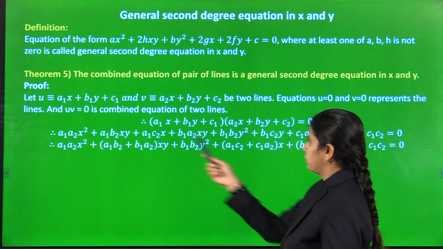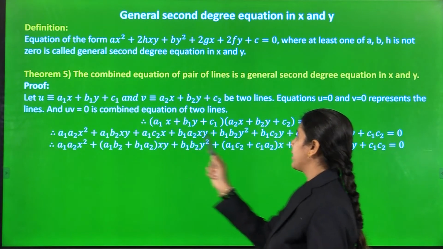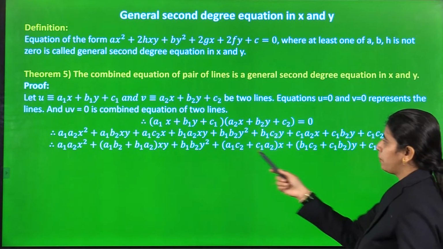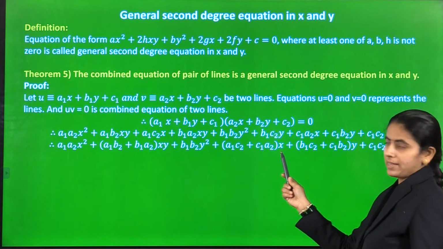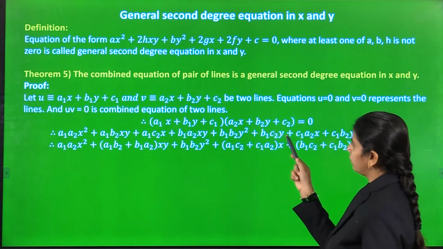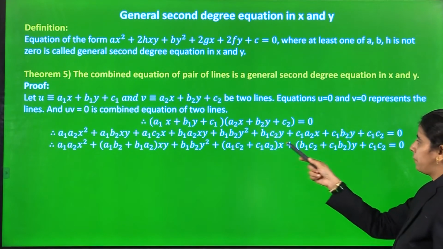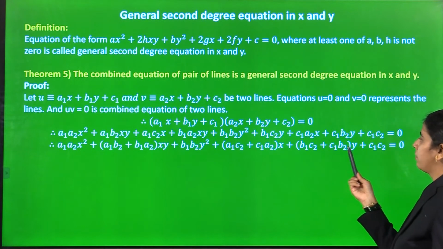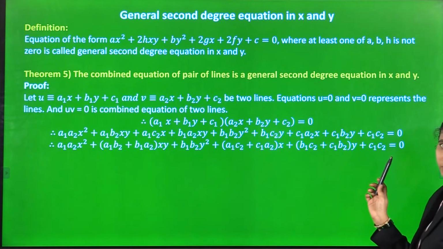Now combine the terms of x, that is a1 c2 x plus c1 a2 x. Taking x common, we get a1 c2 plus c1 a2 into x. Then combine the terms of y, that is b1 c2 and c1 b2; taking y common, we get b1 c2 plus c1 b2 into y, and plus c1 c2 is equal to 0.